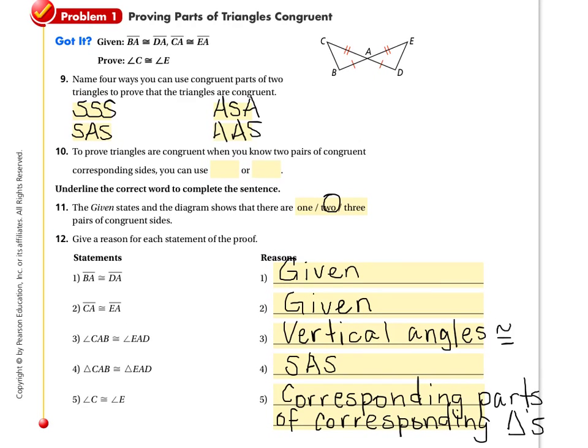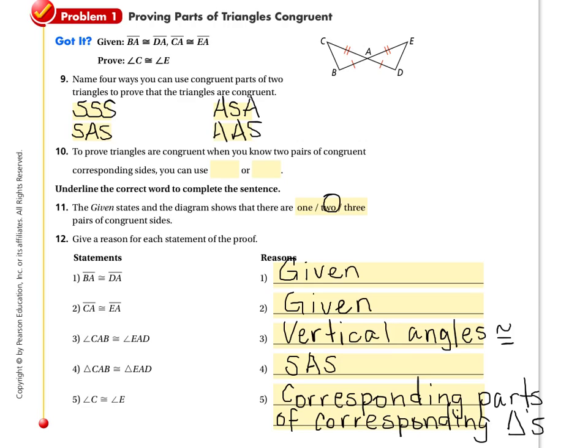On problem number 1 here, we're trying to prove parts of triangles congruent. As you can see in number 9, I've listed the 4 ways that we've talked about proving triangles congruent: side-side-side, side-angle-side, angle-side-angle, and angle-angle-side.